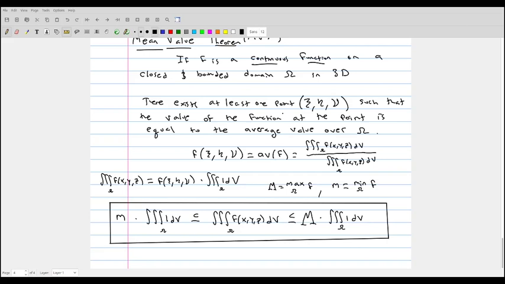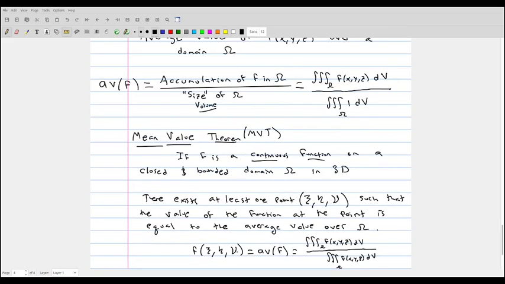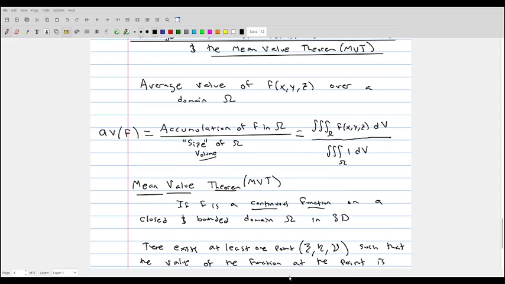You can use it to figure out what the range should be for a given triple integral. You can use it to check calculations, but you can also use it in many other much more advanced scenarios and applications. So it's a very important thing to know. But the two main takeaways are that the average value formula is very, very similar to before.